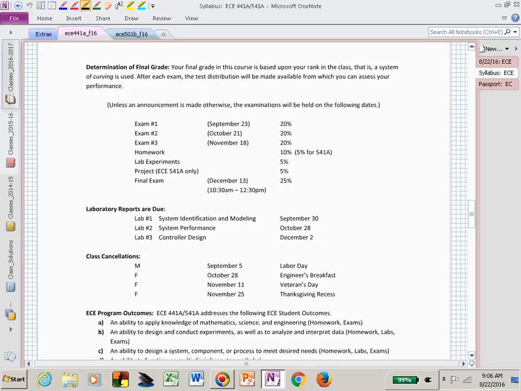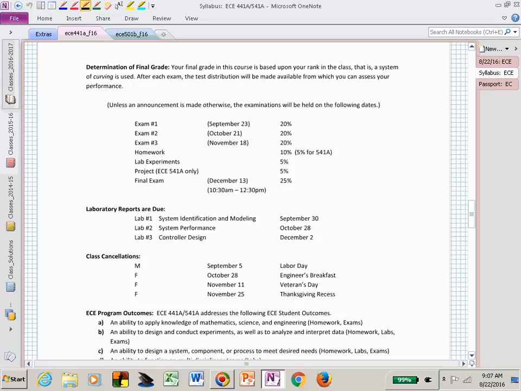Now, the 541 students have to do all of the homework. It will just be weighted at half of the percent of your grade as the 441 students. We will have lab experiments, and those will be on your own time. We don't have a lab section, but there will be 3 labs that essentially follow along with the course and are effectively going to coincide with exams.